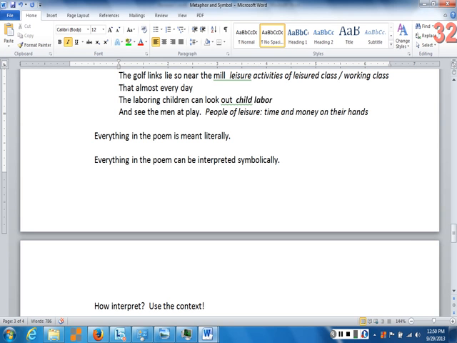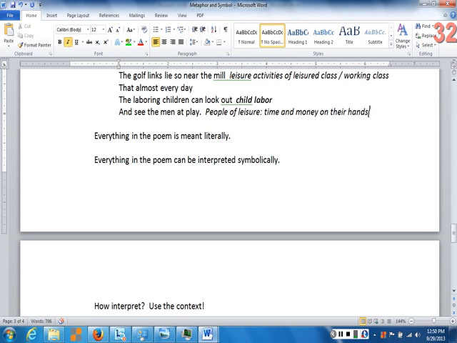Or I can even go a little farther and say these things symbolize the oppression of the working class by the wealthy. Okay? Now, what am I doing when I do that? I'm still interpreting, aren't I? That's an interpretation. Somebody else might come along and say something different about what these things mean.